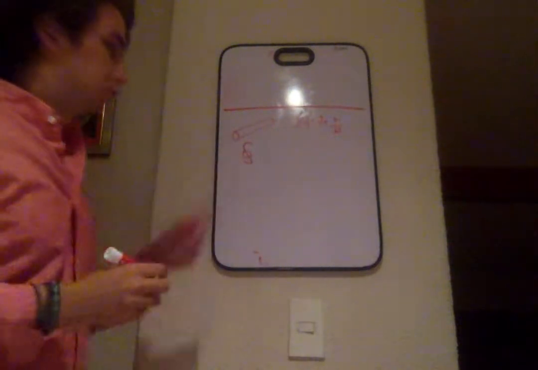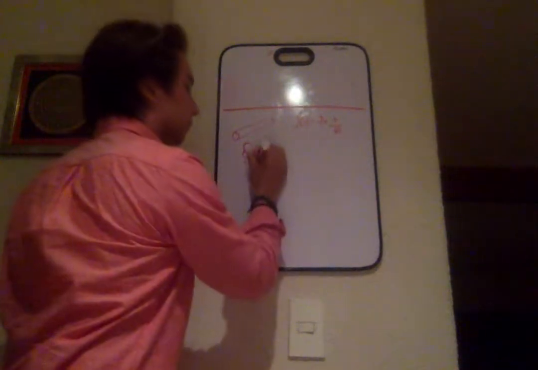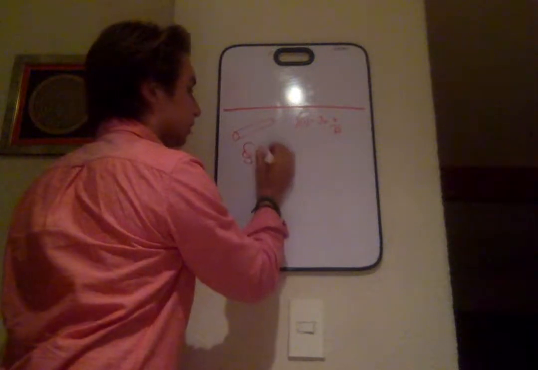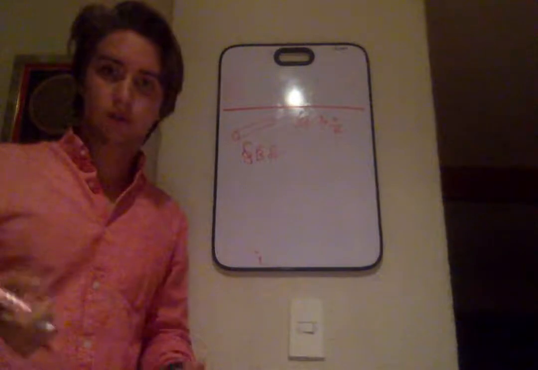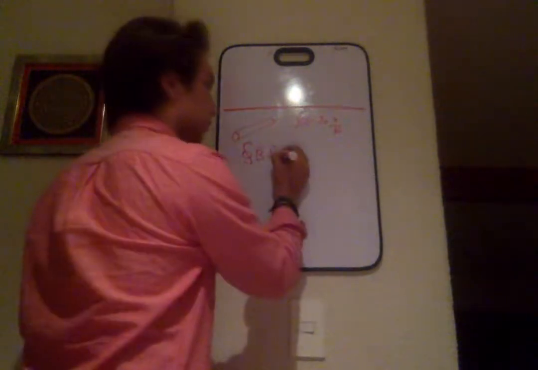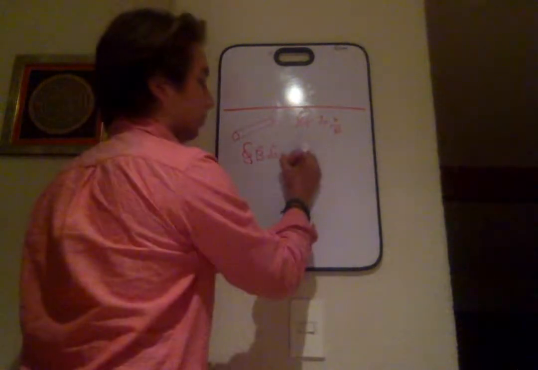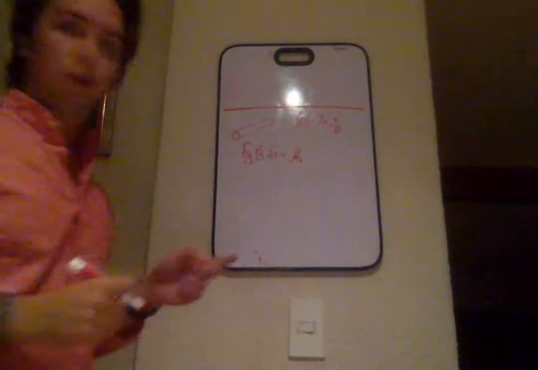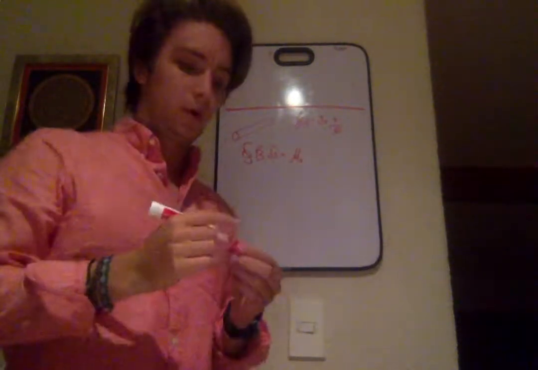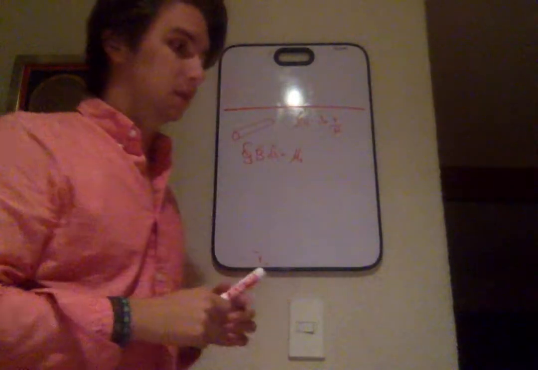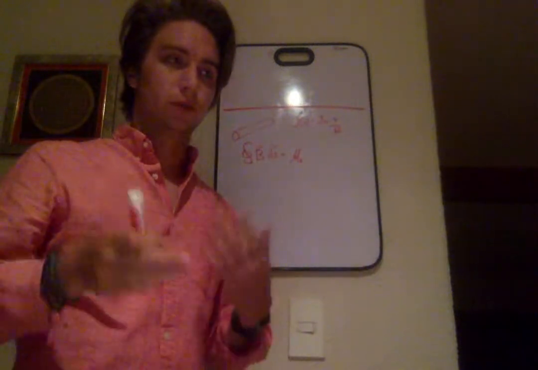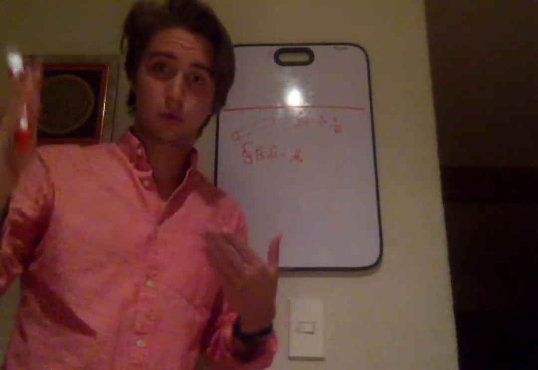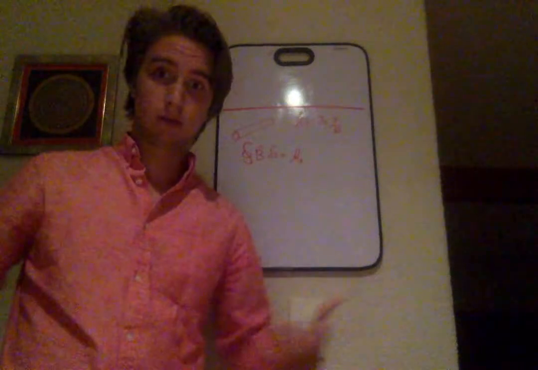The integral of the magnetic field B times ds, the differential of surface, is equal to the permeability. I'm going to make a small pause here because maybe you don't remember what permeability is. It's how easily the field can exist in a given space.